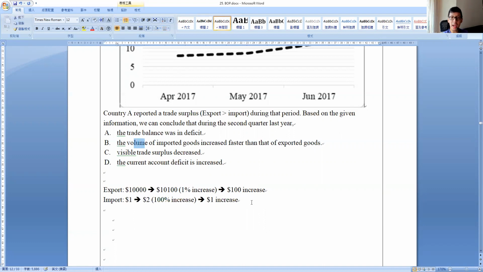Do you know anything about the volume? No. Okay, therefore B is not correct. Now what about C? Visible trade surplus decreased, for the same reason. We don't know whether the surplus has increased or decreased because we have no idea about the base number.